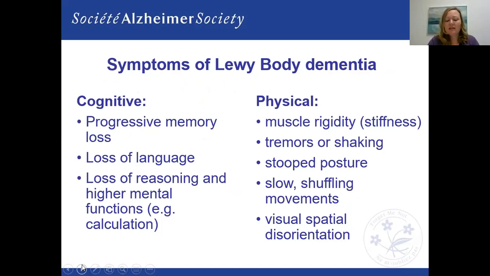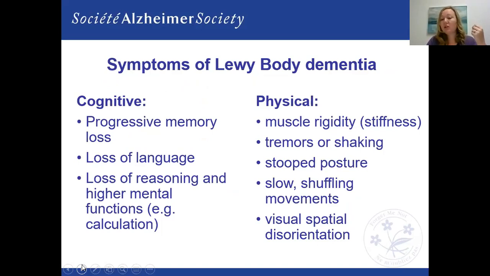So let's look at some of the symptoms of Lewy body dementia. A person with Lewy body dementia might experience both cognitive and physical symptoms. Cognitively, the person might experience progressive memory loss, problems with language, reasoning, and other higher mental functions like calculation. They might have difficulty sustaining a train of thought.